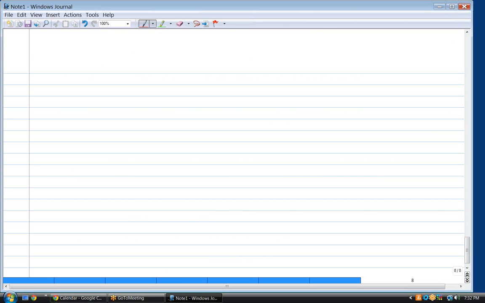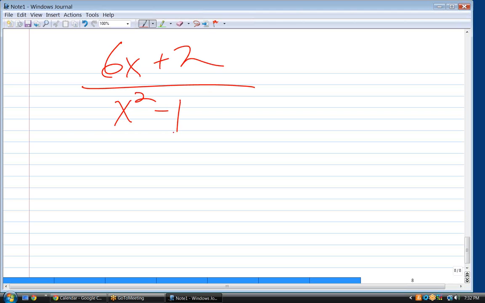What else? 6x plus 2 over x squared minus 1. Okay, let's factor top and bottom. The top is 2 times 3x plus 1.